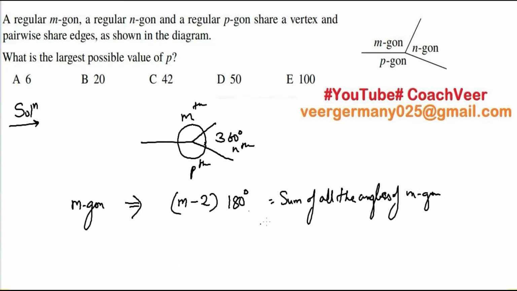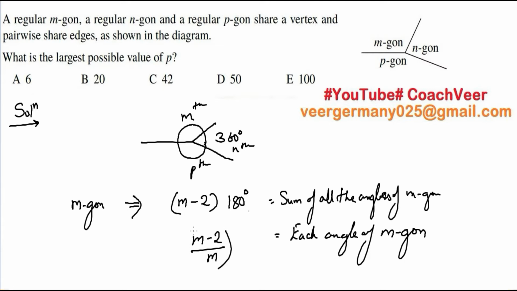Now if you want a particular angle, as all the angles are equal, each angle of the m-gon is equal to that divided by m, because then we can find each individual angle.